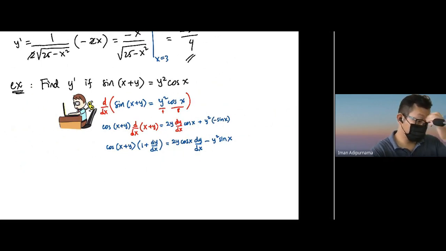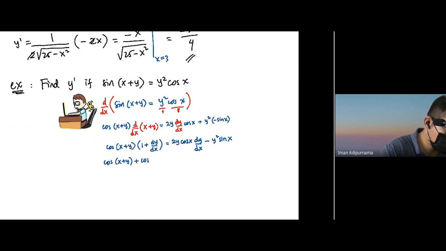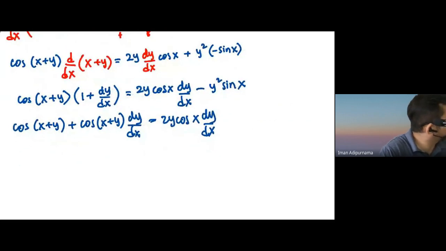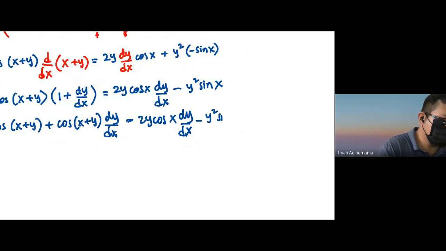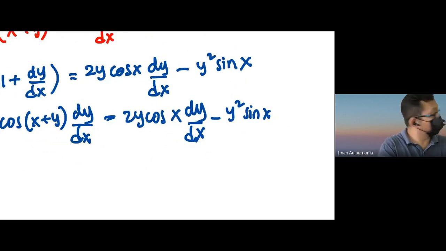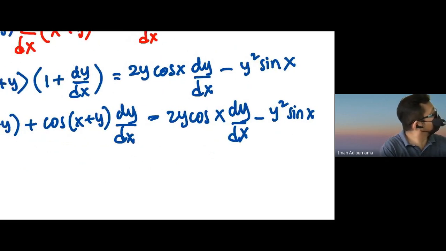We can solve this: cos x plus y plus cos x plus y dy dx, and minus y squared sine x. I think it's better this way.